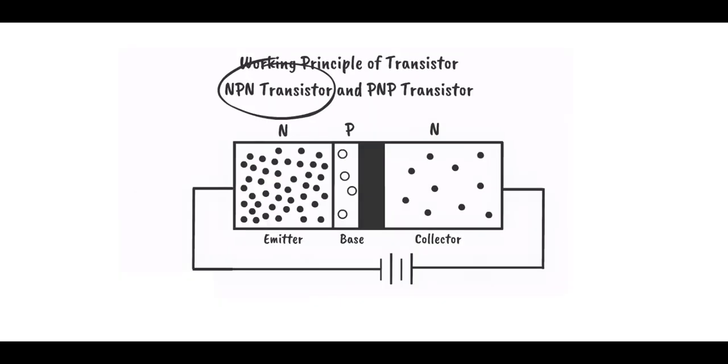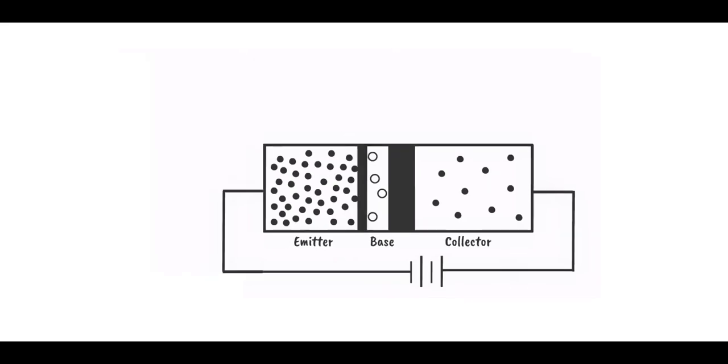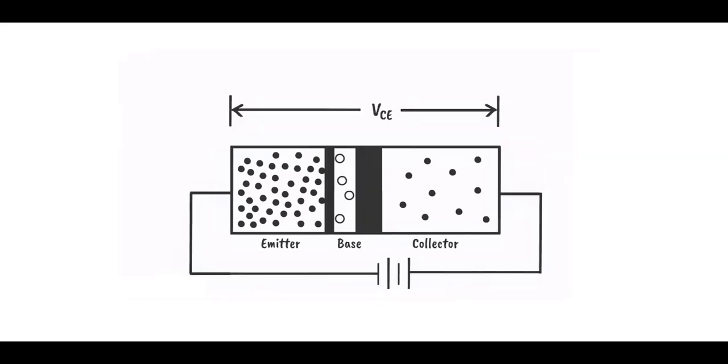In this situation, the PN junction between collector and base becomes reverse biased. The PN junction between base and emitter is forward biased.